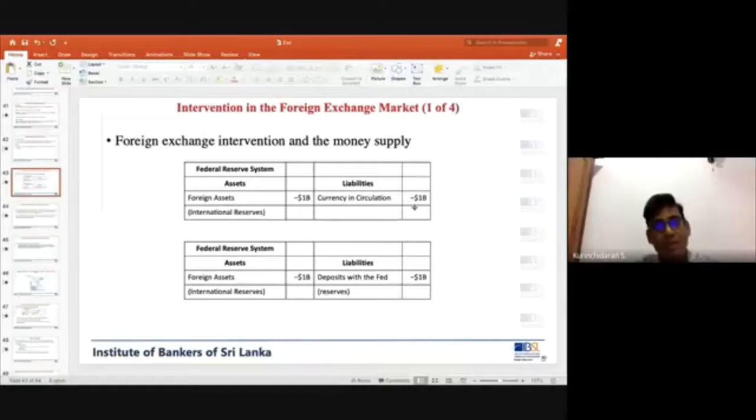Or there is another alternative: if somebody in Sri Lanka is going to buy foreign assets, that means dollars, using deposits, then the reserve will decline. These are the two alternative mechanisms I have mentioned here.